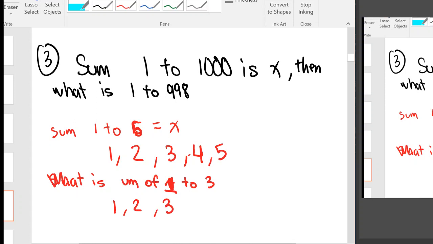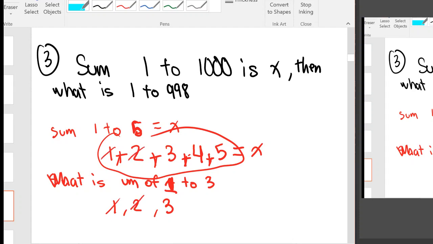Well, I know all of this together, if I add this, this, this, and this, is going to give me x. I know that this and this is in common, this and this, this and this. But what's missing here is 4 and 5.